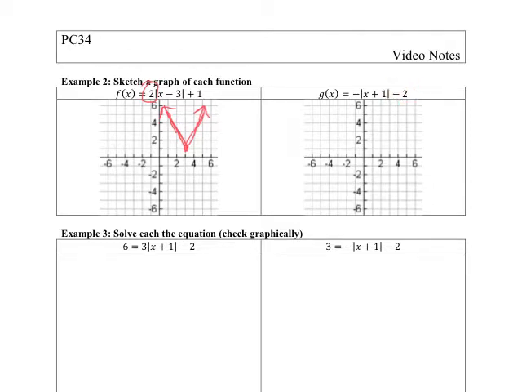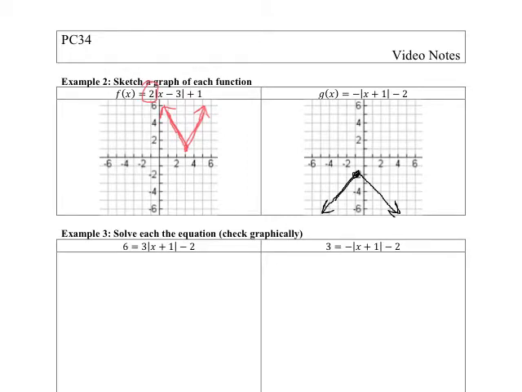So first we go to the left 1 and then down 2. There's where our vertex is located, and we are flipping it so it opens downward like that. And make sure you're following the slope of out 1, down 1, out 1, down 1, out 1, down 1.